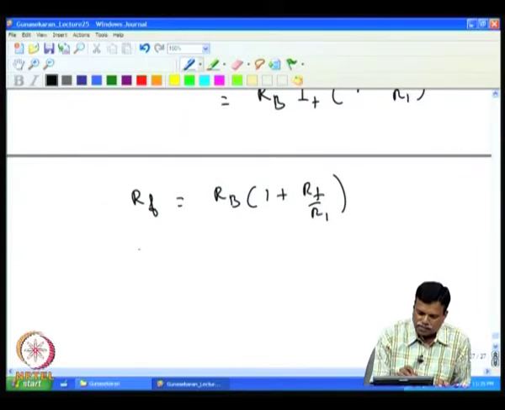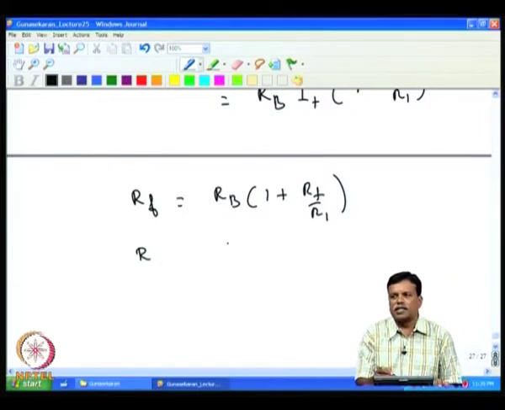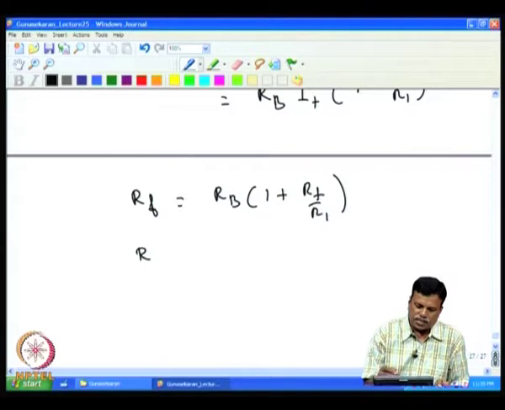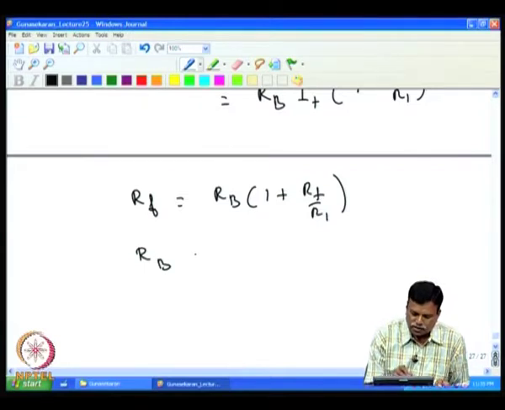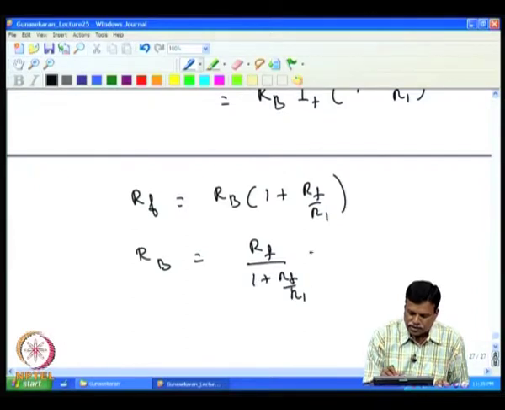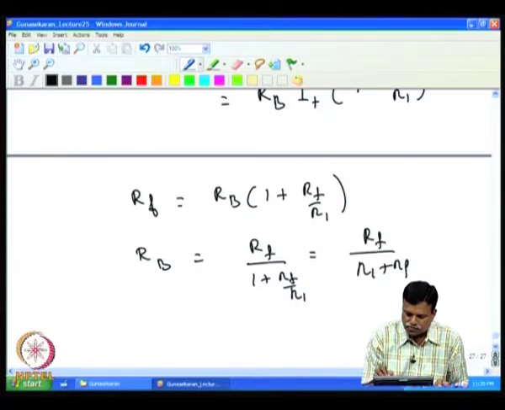We want to know RB, that is, what is to be connected at the non-inverting input to compensate the error. That will make RB equal to RF by 1 plus RF by R1, and on simplification you will get RF into R1 over RF plus R1.